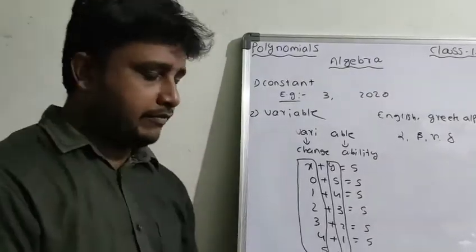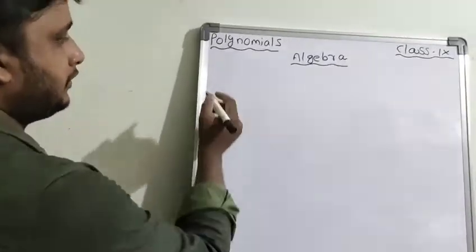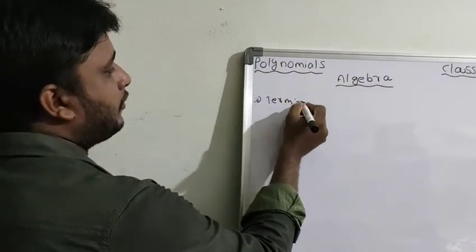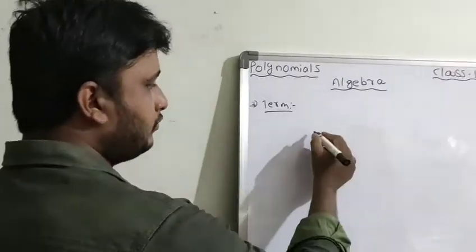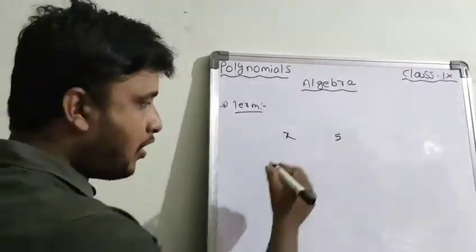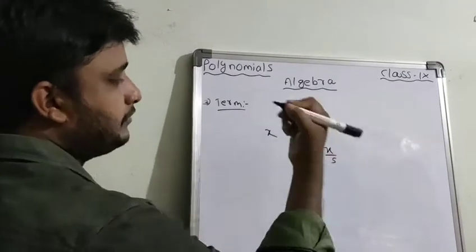After variable we have to discuss the next definition, term. A term means a variable alone, or a constant alone, or their combination with multiplication or division.